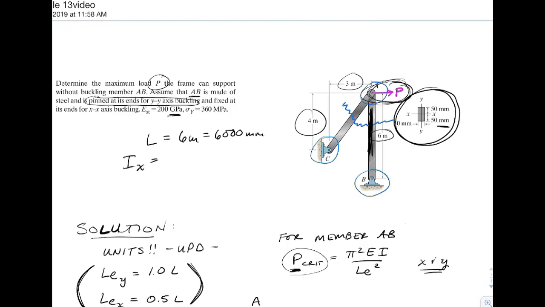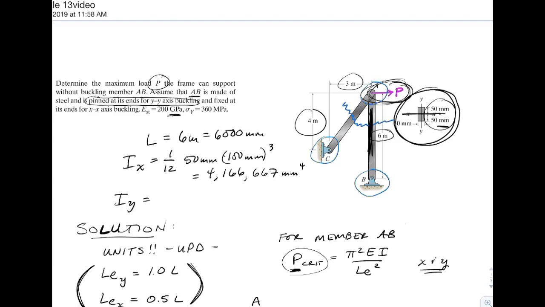Moment of inertia about the x-axis would be 1/12. There's the x-axis, 1/12 the base, which was 50 millimeters, the height, which is 100 millimeters, and that's going to be cubed. And if we calculate that, we would get 4,166,667 millimeters to the fourth.